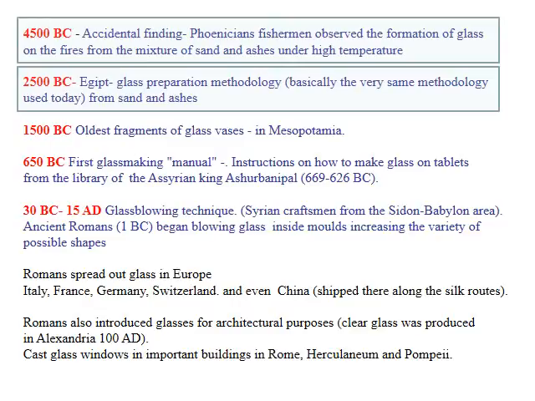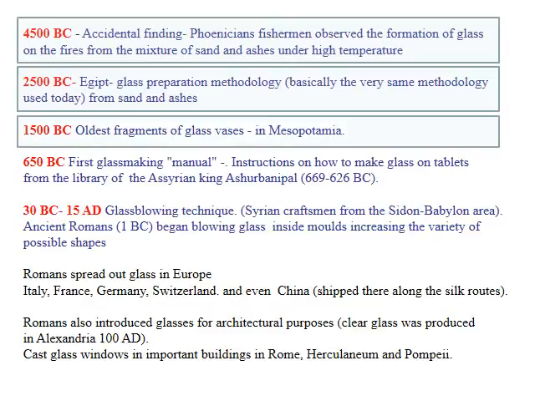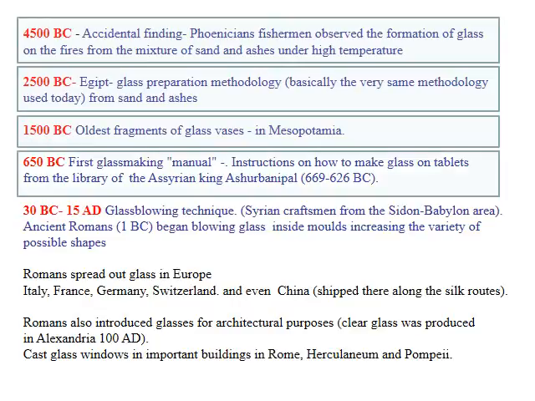Glass preparation methodology was established, basically the very same method we use today, from sand and ashes. 1,500 BC, the oldest fragments of glass vases were found in Mesopotamia. 650 BC, first glass-making manual, instructions on how to make glasses, on tablets from the library of the Assyrian king Ashurbanipal.